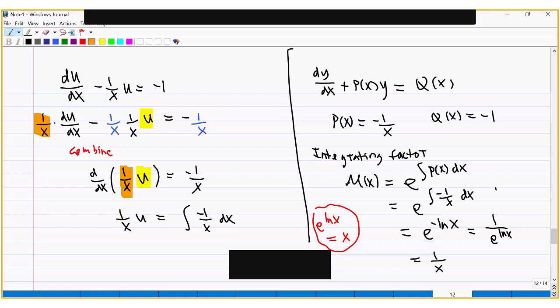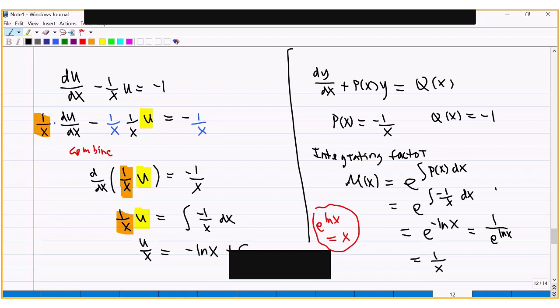So this is just by integrating both sides here. How to integrate minus 1 over x? We already know this: it is minus ln x plus c.